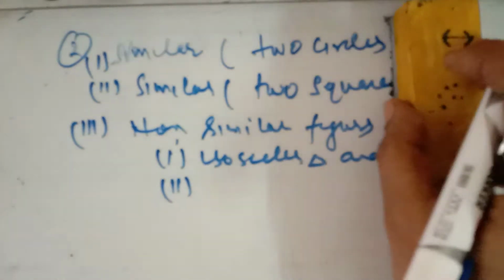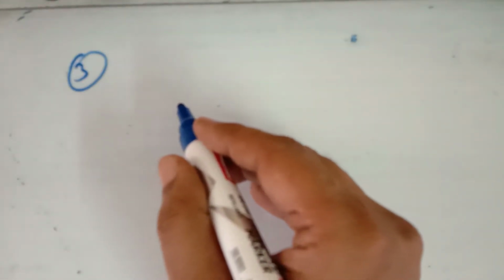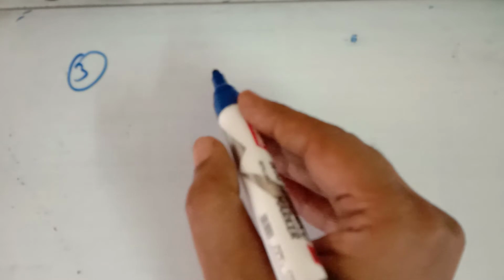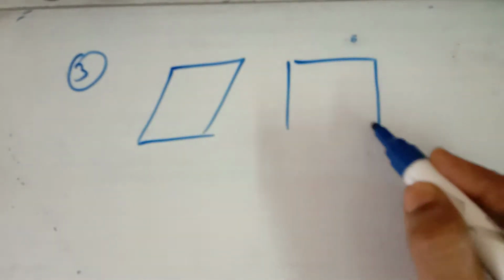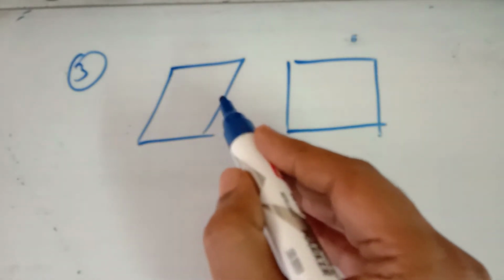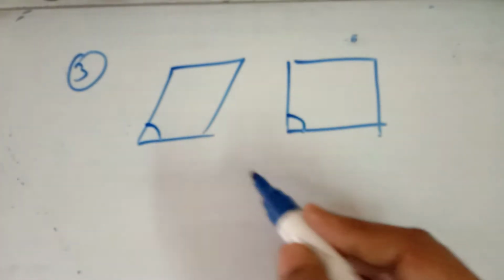Now in question number 3 of the same exercise, we have to state whether the following two quadrilaterals can be similar or not. They cannot be similar because their angles are not equal.